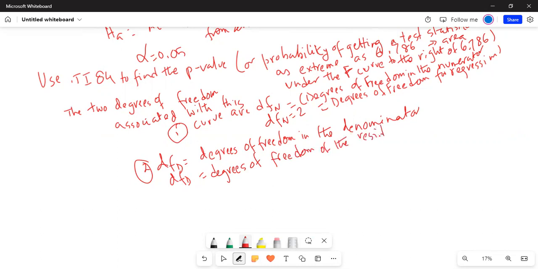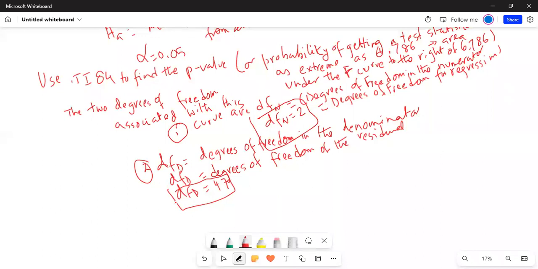And in this problem, degrees of freedom of the denominator is 47. So these are the two things we have to use. Degrees of freedom in the numerator is 2 and degrees of freedom in the denominator is 47.